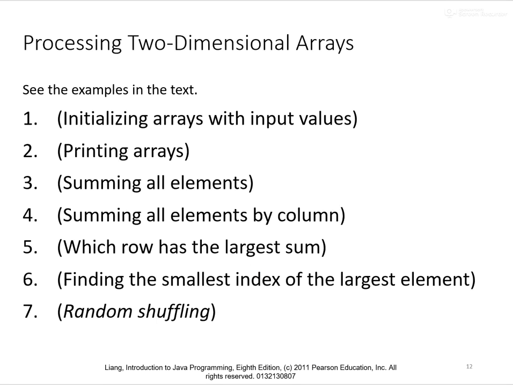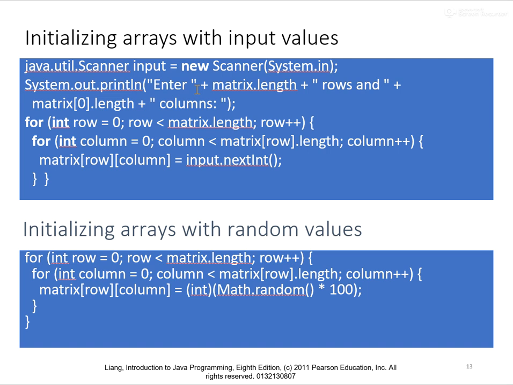Okay, so there's a bunch of examples included in the slides. We did some of them right now. So initializing arrays with input values. This second example here at the bottom is one in which you're initializing elements of a two-dimensional array with random integers between 0 and 100.